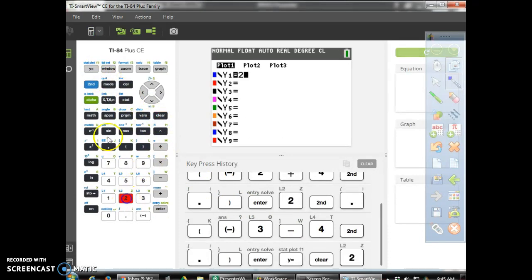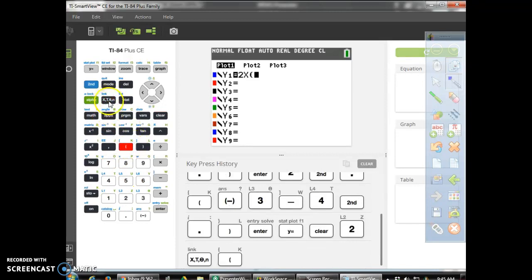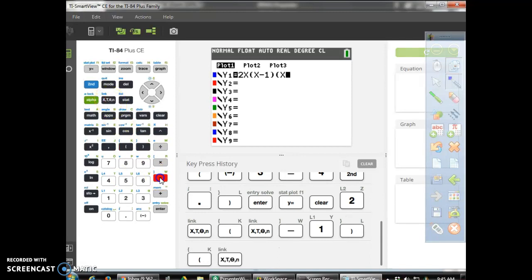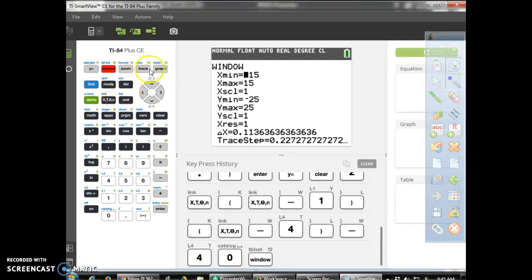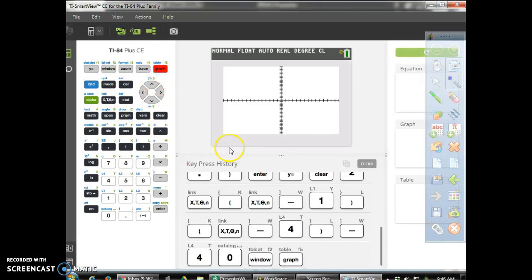Then I have 2x, times x minus 1, times x minus 4, minus the 40. You have to set it all equal to 0. Then I'm going to graph it. Let me check my window real quick. That should probably work, and it looks like I have a root at 5.